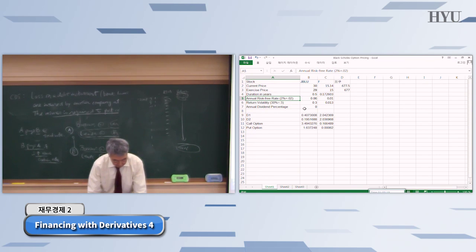Anyway, you don't need the annual dividend percentage. This annual dividend percentage is used to calculate put option value rather than call option value. So if you fill out all those numbers, then you can just copy the formula from here.